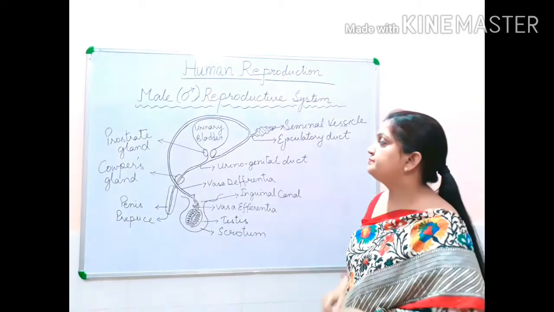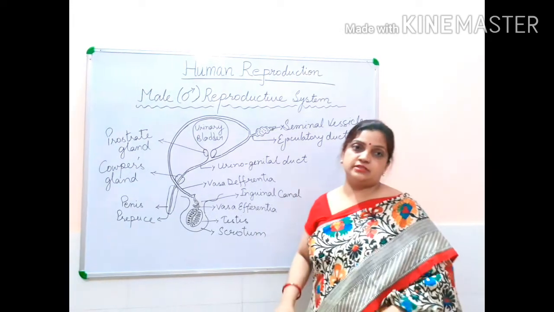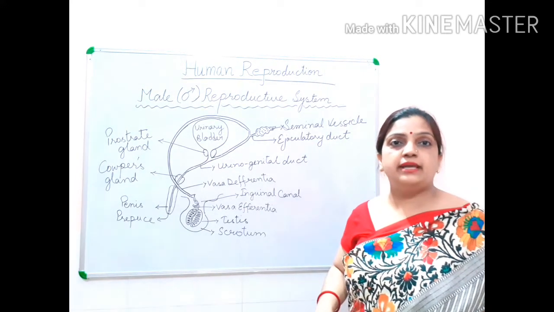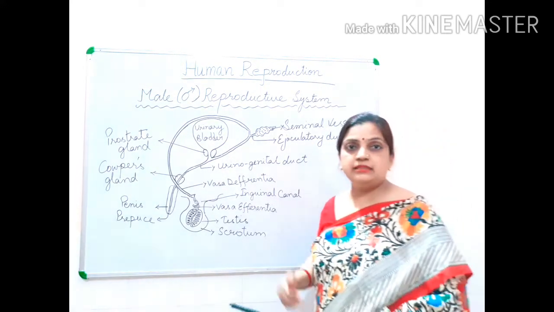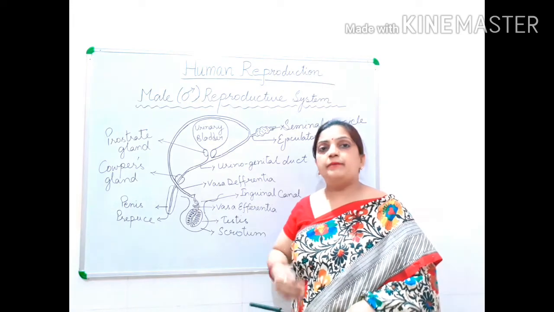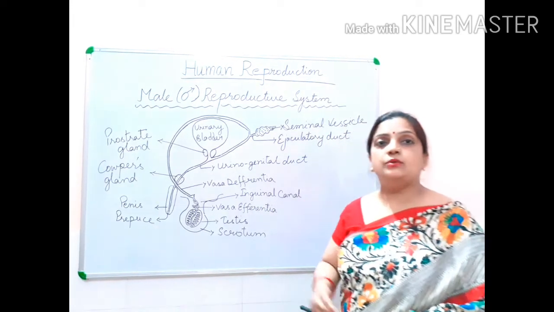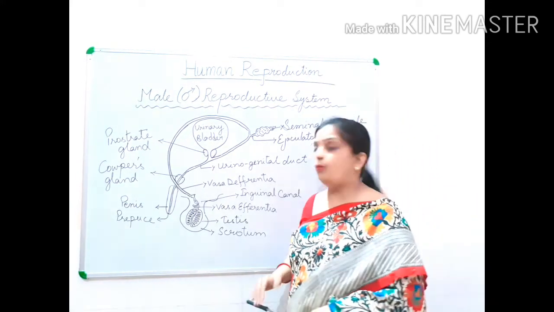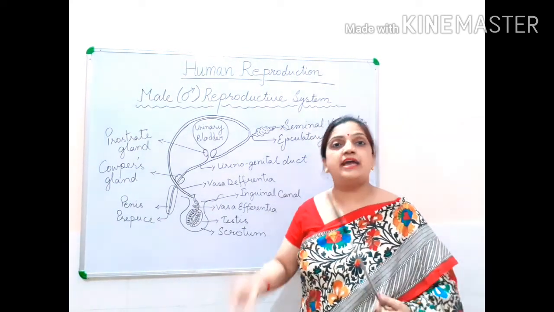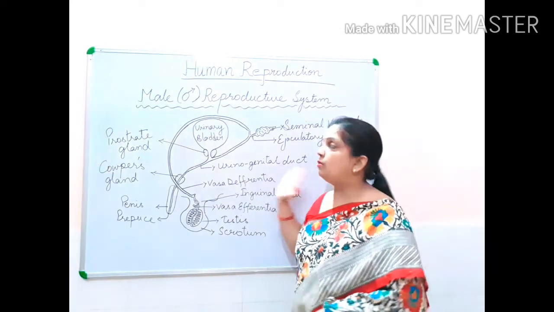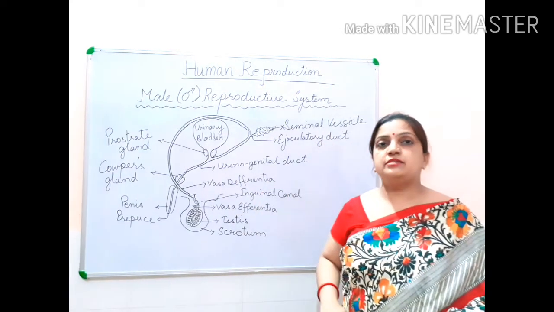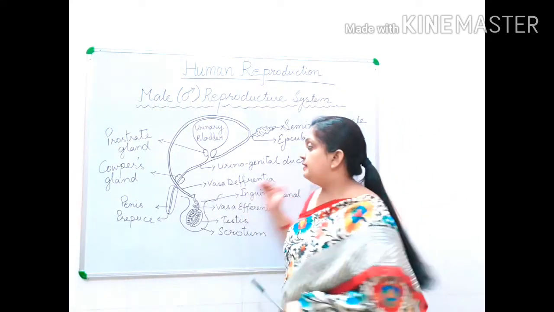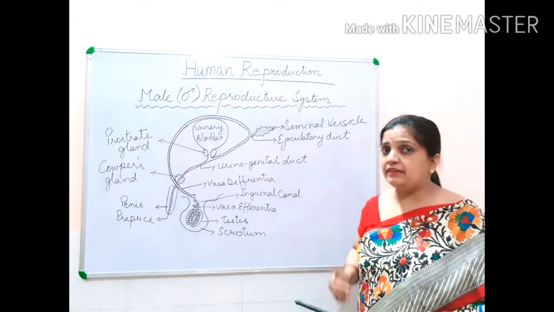Now children, half of the male reproductive system is located inside the abdominal cavity and part of the structures are located in the extra-abdominal region. This whole male reproductive system is located in the pelvis region.